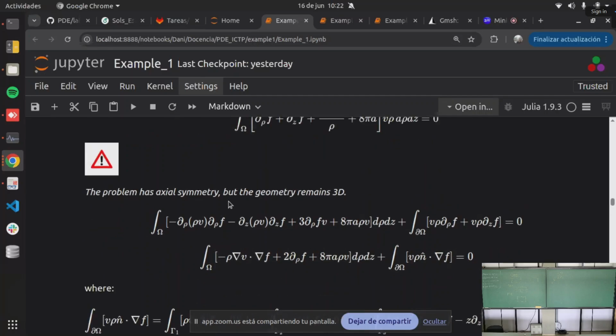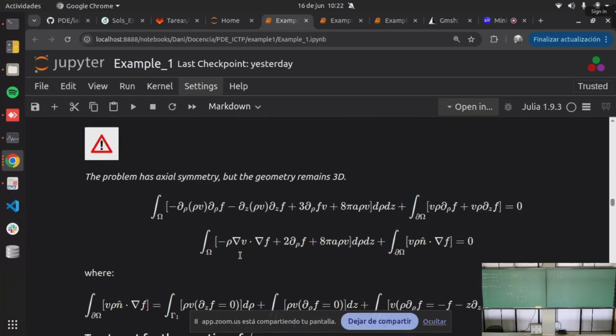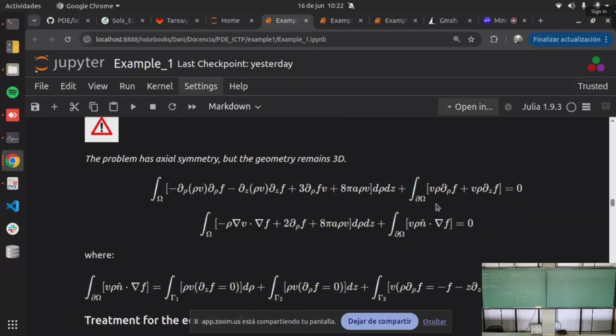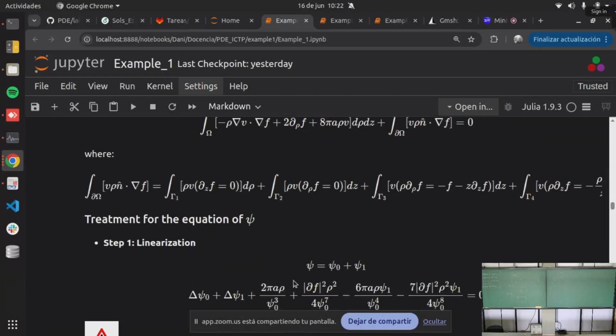So the weak form for the equation is like this, where this has all the information of the Robin and the Neumann boundary conditions. We have a square, so I will tell you in a minute what gamma 1, gamma 2, etc. mean. And after solving the equation for f, we have to start the treatment of the equation for c.